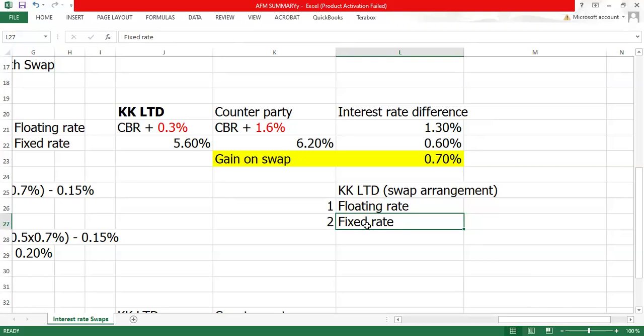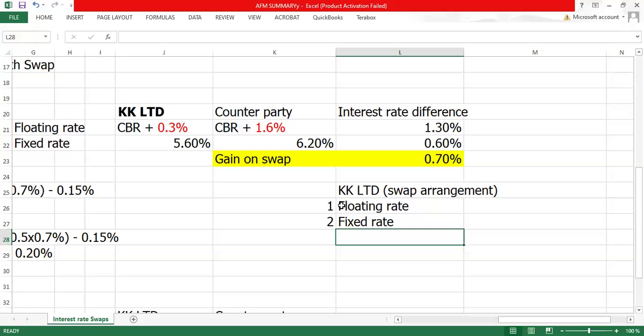So you come to where you have interest rate differences. Of course, where you have the interest rate difference, you need to observe, like here, if it is paying 0.3 and the other counterparty is paying 1.6, you're benefiting approximately 1.3. Then here you are saving 0.6. Where do you benefit more?